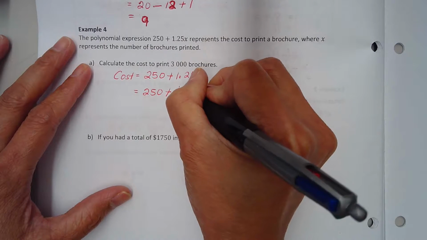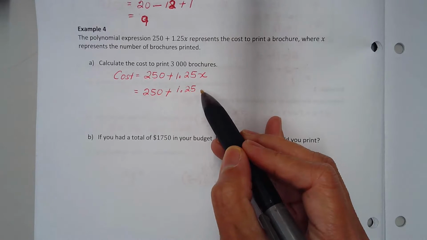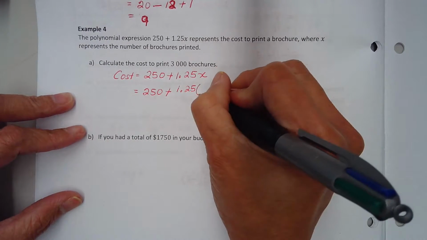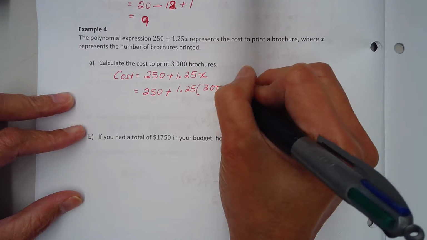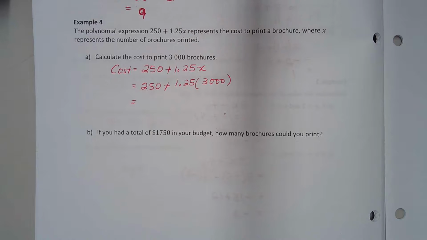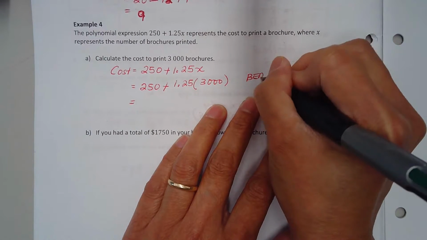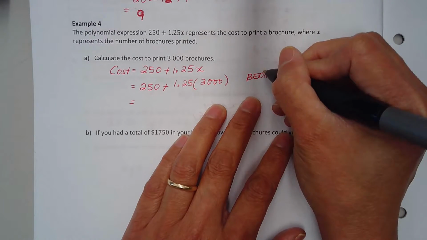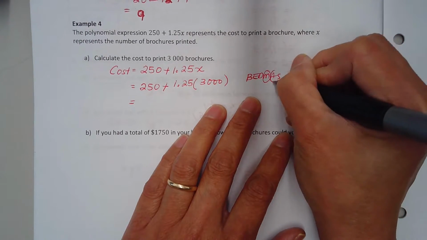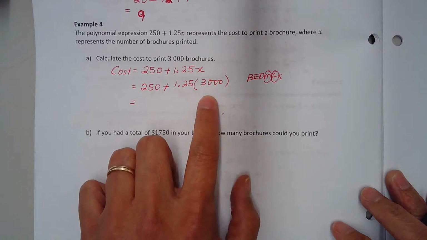So let's do that. 1.25. Okay, remember this is 1.25 times x, so I have to put a bracket. Okay, what are you going to do first? Multiply, right? According to order of operations, we're going to multiply first and then add after. So I'll put the word BEDMAS here, to multiply and then add. So multiply first.